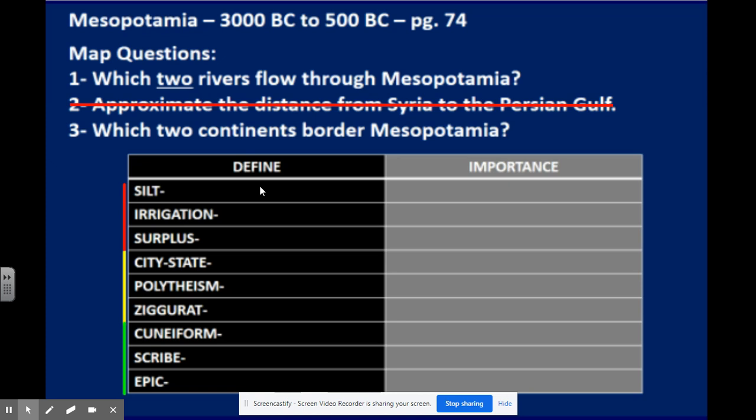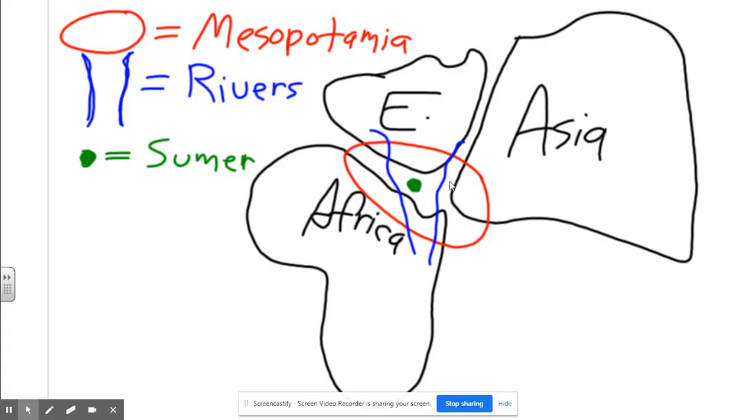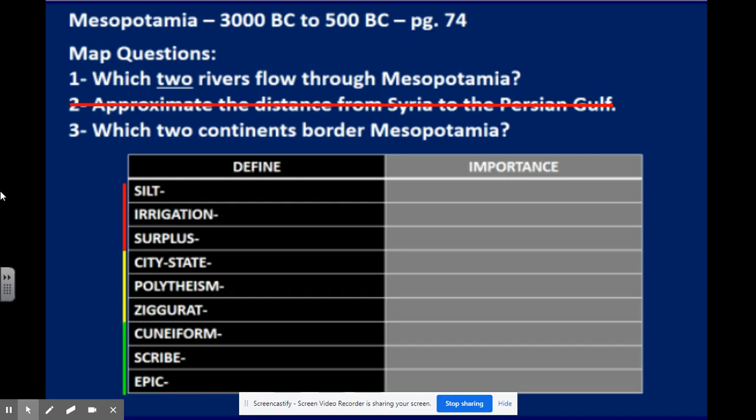So silt has something to do with the ground, with when you're planting crops, with that good soil. And there's no doubt that there'd be a lot of silt found in the areas around these rivers that we mentioned. So this area is known for having good silt or good soil particles.